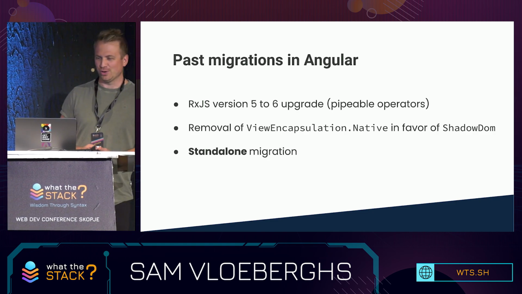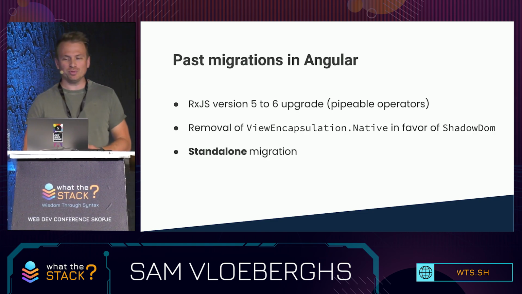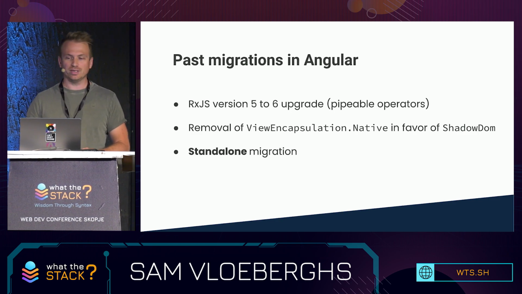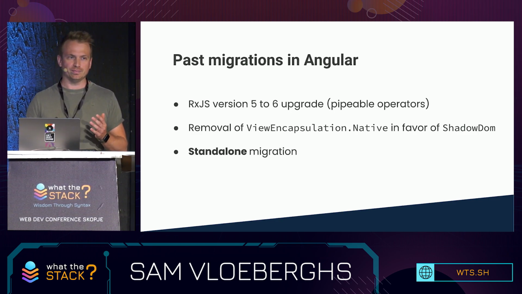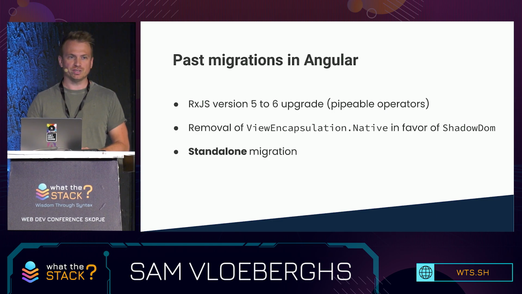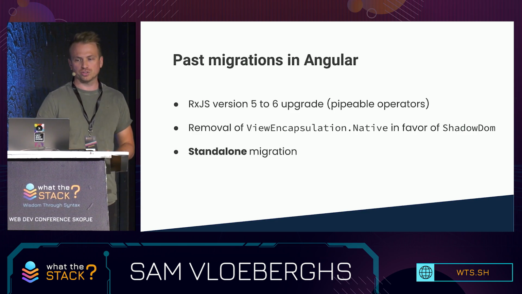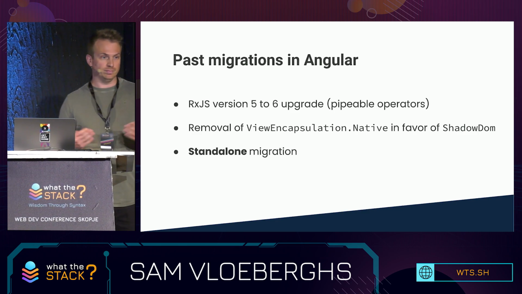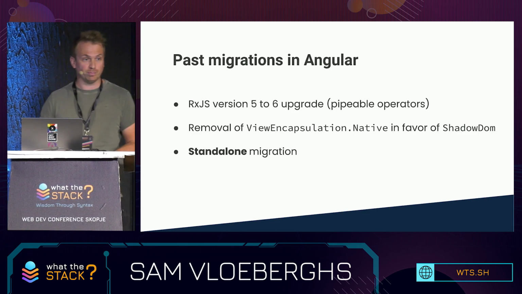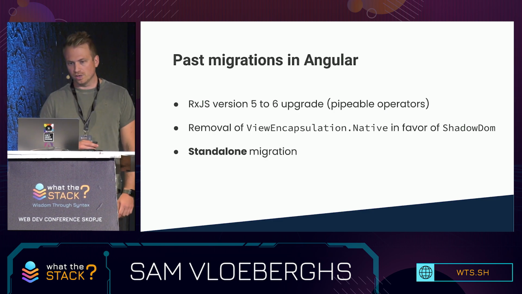I'll just talk. So a last and more recent example was the standalone migration that was available from version 15.2. That one is another example of a migration that can make very big changes to your code base because basically it removed all ng modules in the provided path, and by doing so potentially touched all parts of your application.